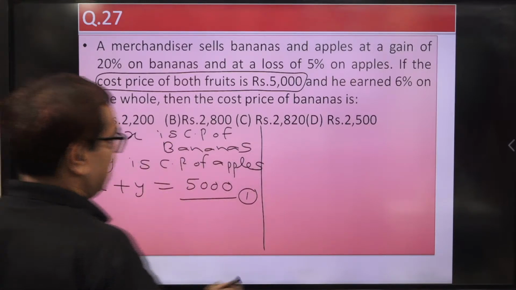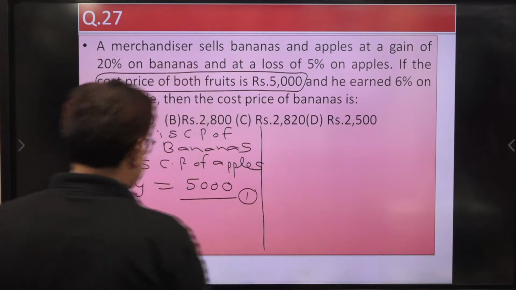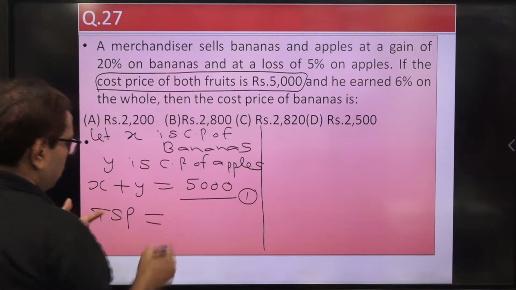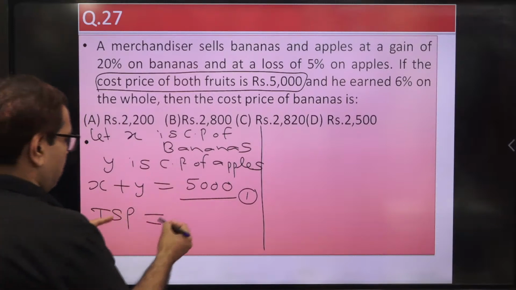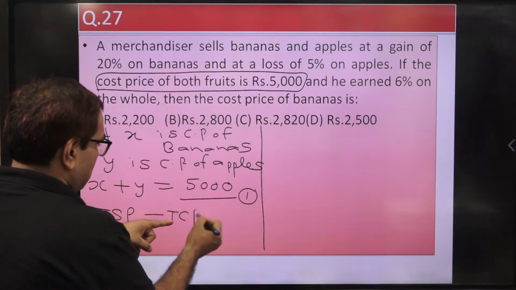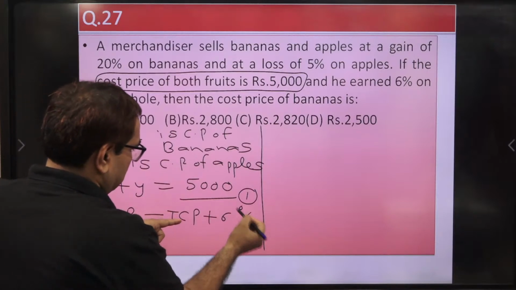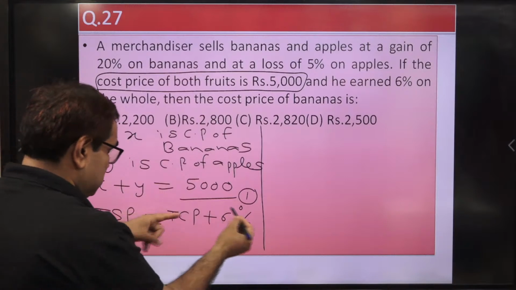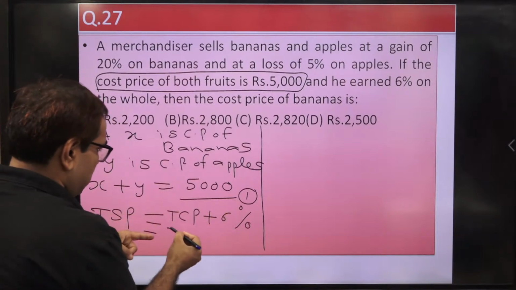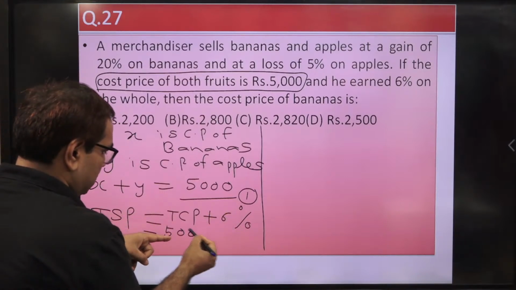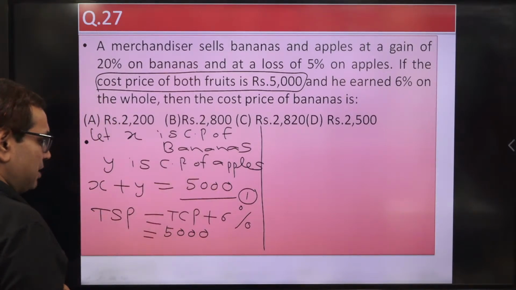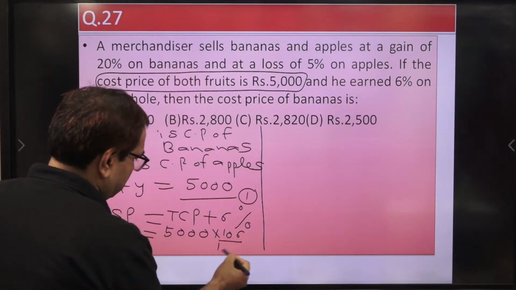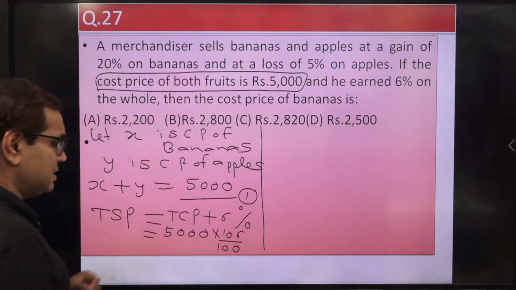So we can say that the total selling price will be equal to the total cost price plus 6% profit. So it will be 106 percent of TCP, that is 5,000. This TCP is 5,000 into 106 upon 100. This will be the total selling price.